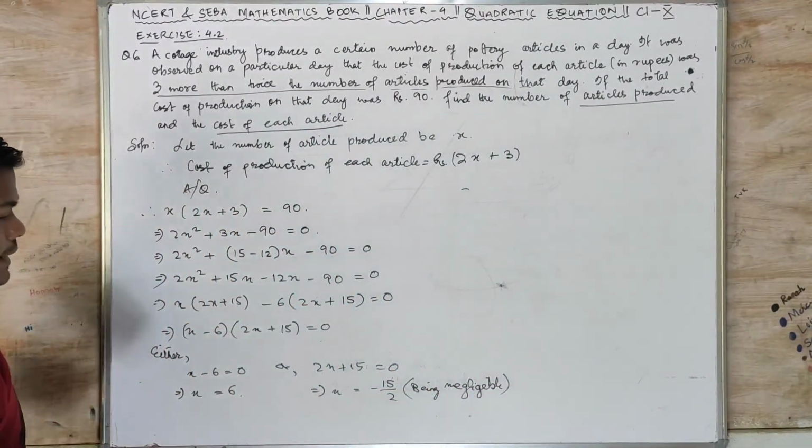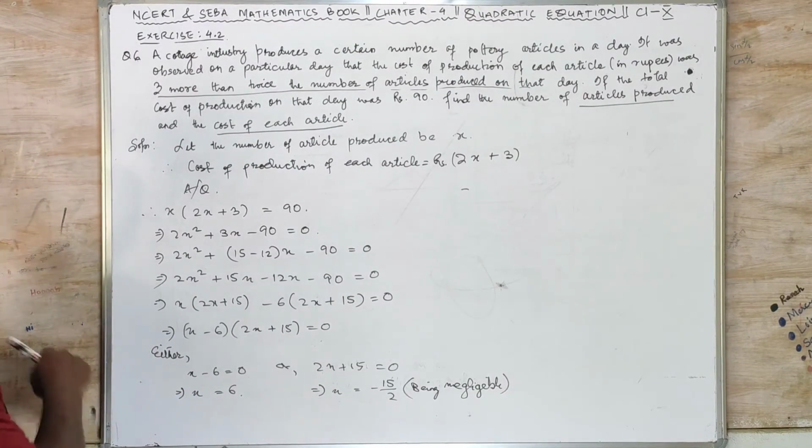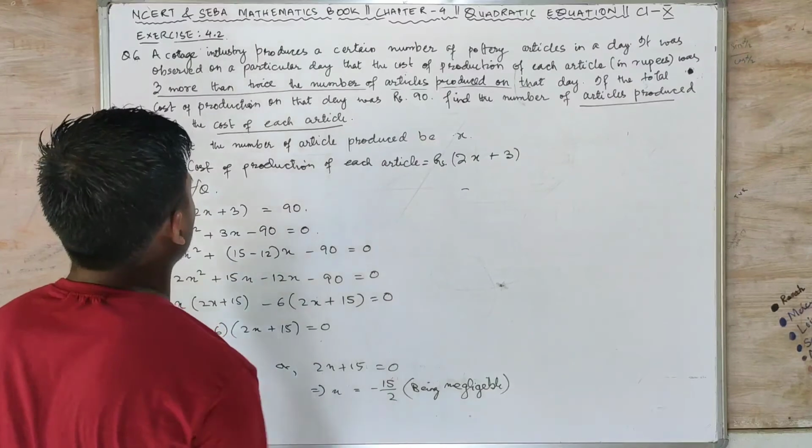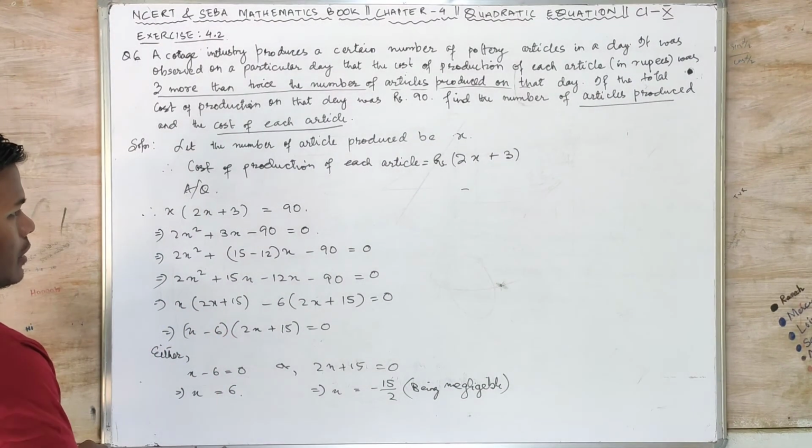Since you have got the x value, that is 6 here, you can make a conclusion now. How did the question ask? You have to find the number of articles produced and the cost of production of each article.